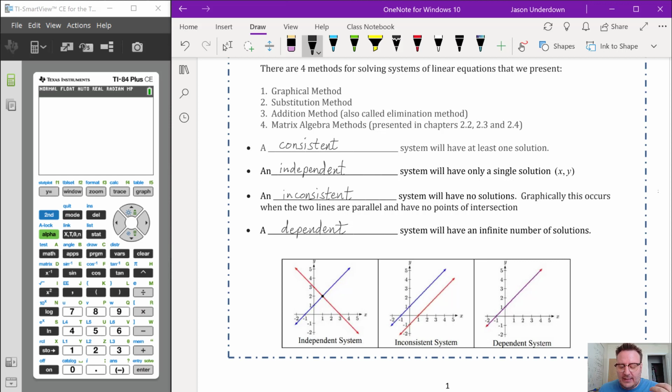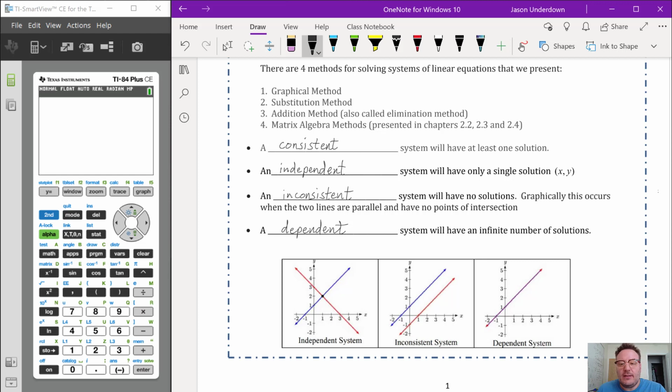Some more terminology here. A consistent system will have at least one solution. What we're going to see is that a linear system will always have either no solutions, a single unique solution, or infinitely many solutions. So the consistent case covers a unique solution and infinitely many solutions.